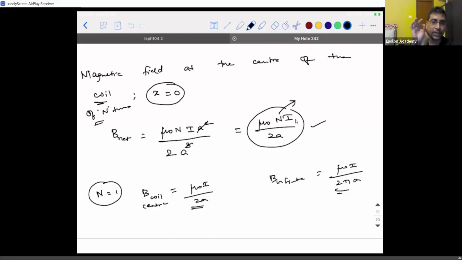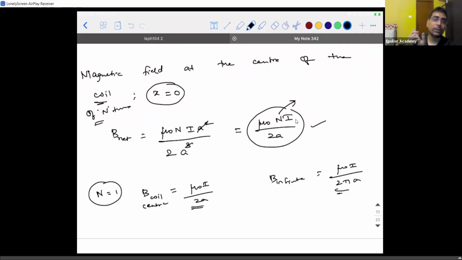Mu naught I divided by 2 into a. Whereas if you talk about a straight current carrying conductor of infinite length, it is going to be mu naught I divided by 2 pi into a. I want you to clearly have a difference between these two. Similarly, when you talk about the coil, a stands for the radius, whereas when you talk about the infinite length wire, a stands for the perpendicular distance.